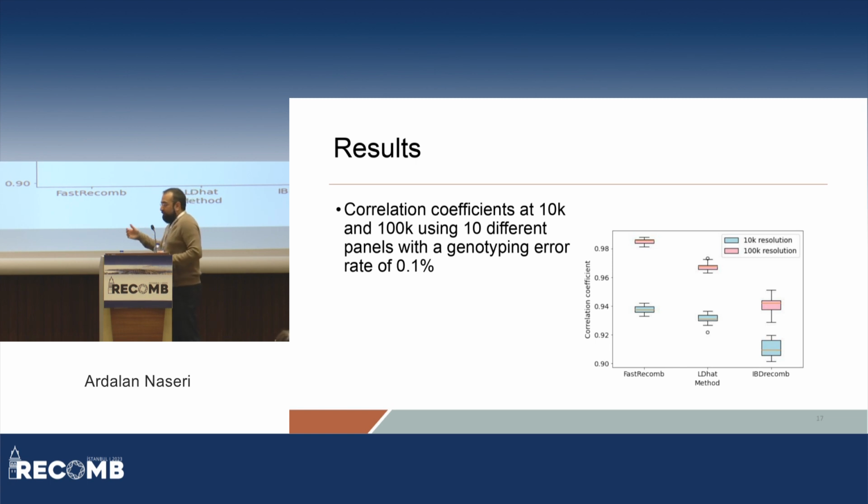One point I have to mention is that for FastRecomb, we used a lot more haplotypes, because we could use the Chameleon haplotypes to estimate the recombination rate, whereas for IBD recomb we used 5,000 haplotypes. For LDhat, there were only 192 haplotypes in the pre-computed lookup table that LDhat requires, so we used that. The genotyping error was 0.1% for this experiment.